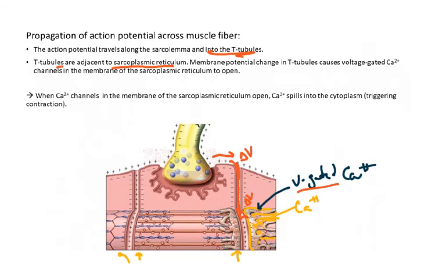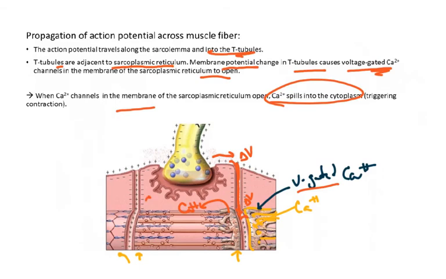So the membrane potential in the T-tubules causes these voltage-gated calcium channels to open. And when they open, calcium spills out into the cytoplasm. So then the calcium comes out into this area. Calcium is now just free within the sarcoplasm of the cell.